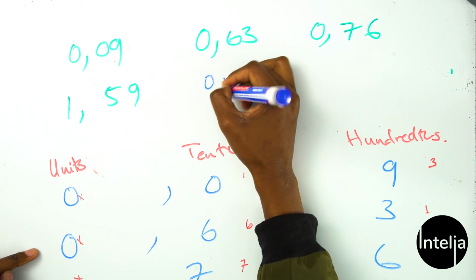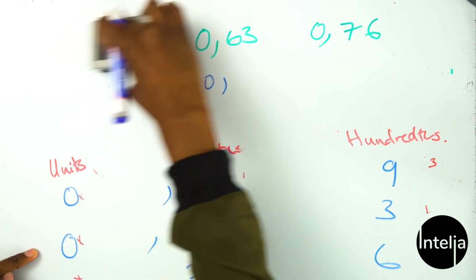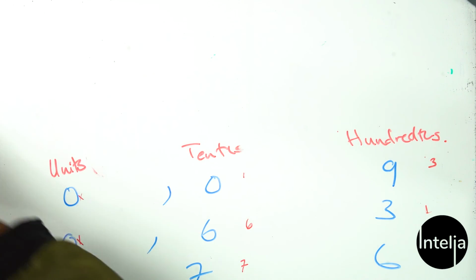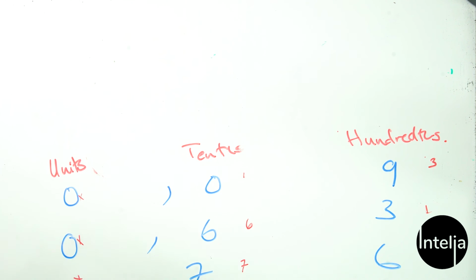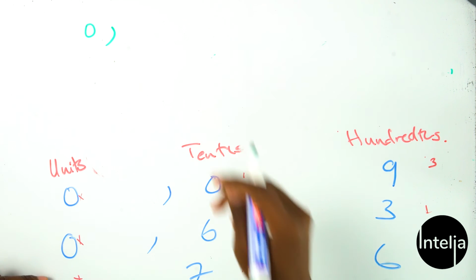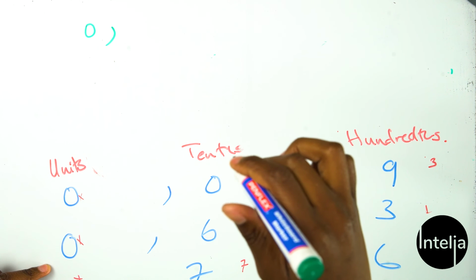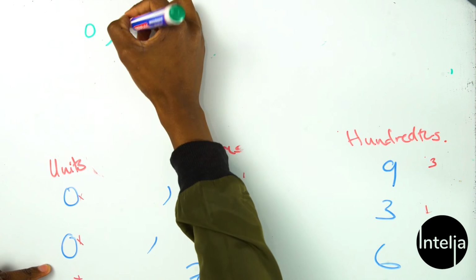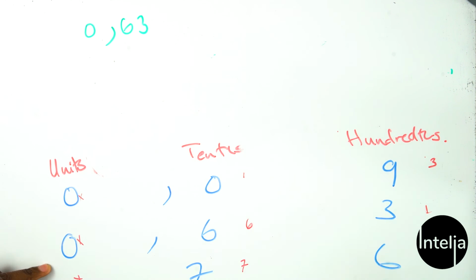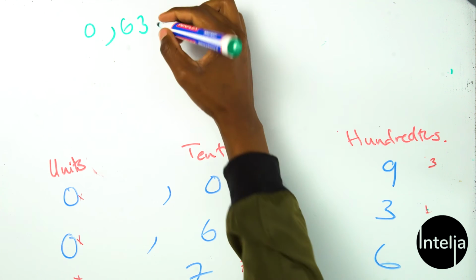0.63. Why 0.63? Because the tens are the largest, and then the smallest here is 3, right? So followed by 0.76.